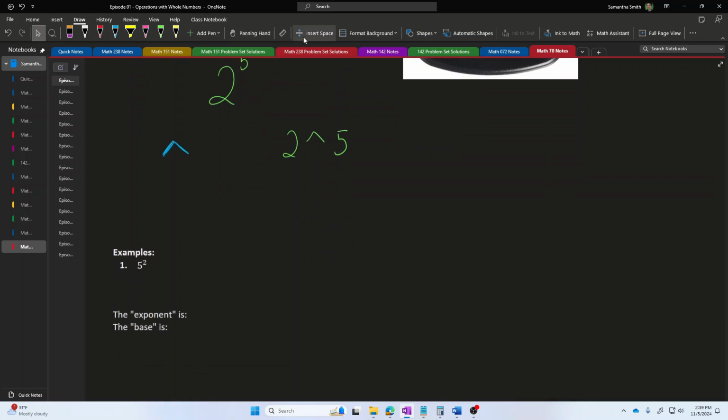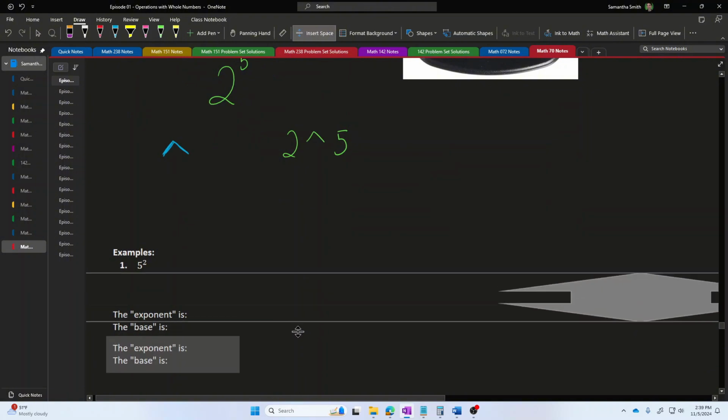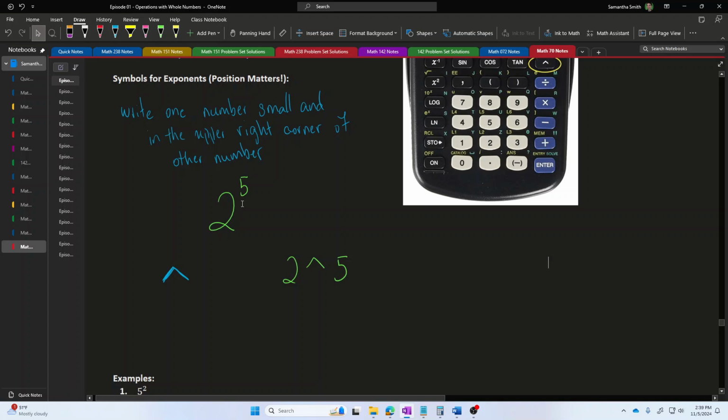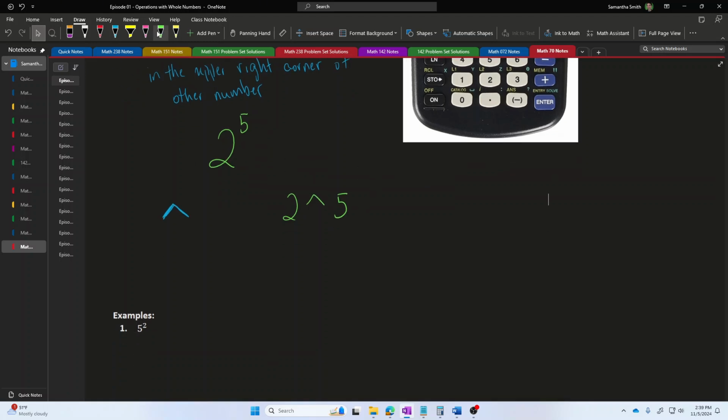Now, be aware of the order and the position of these numbers. Just like with division and just like with subtraction, the order of these numbers matters and it will change the result. So the big number here, 2, is what's called the base of what we've written down here.